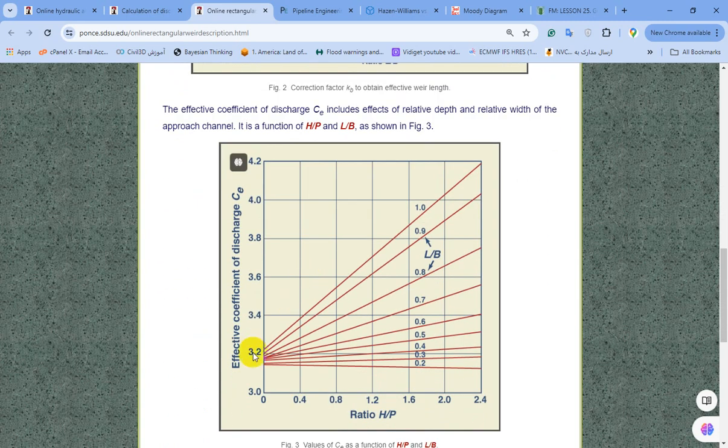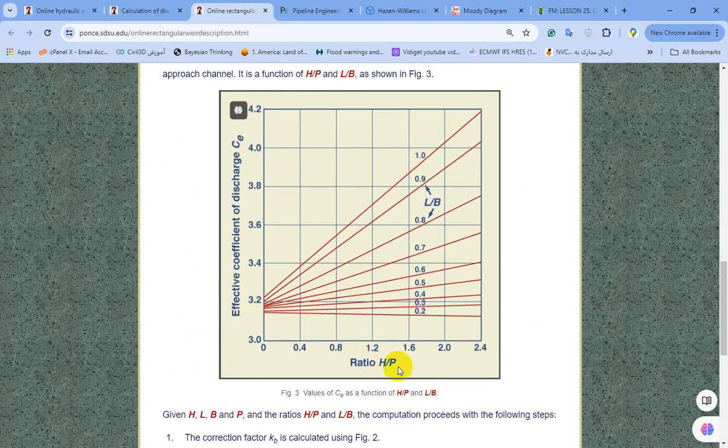For the estimation of the discharge coefficient, I mean CE, you need the ratios of H per B and L per B. For example, let's assume that H per B equals 1.6 and L per B equals 0.8.